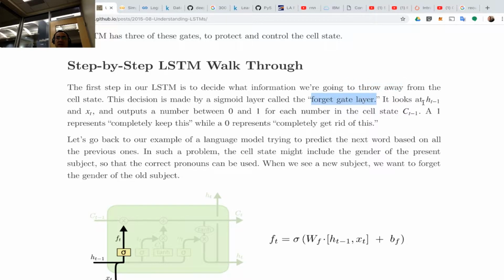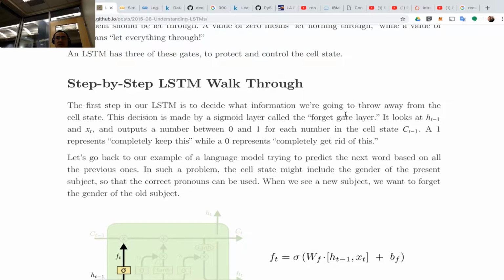It looks at h t minus 1 and x t, and outputs a number between 0 and 1 for each number in the cell state C t minus 1. 1 represents completely keep this, while 0 represents completely get rid of this. Oh wow, that's how it works. So you multiply it.